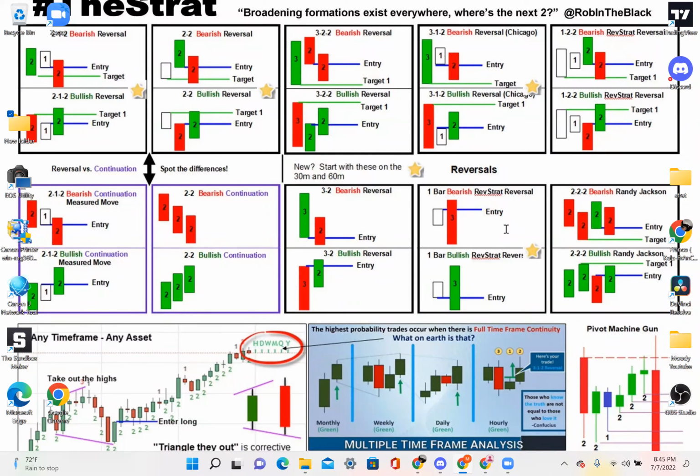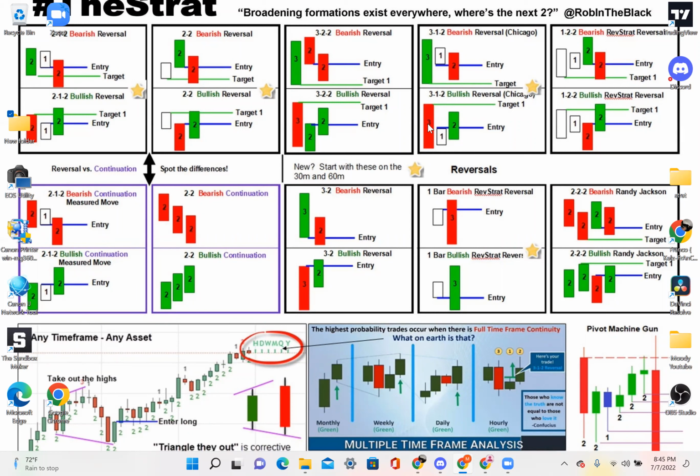The question is, is your entry always on the inside bar? No. On the 3-bar setups, the majority are going to be like a 3-1-2. Well, not all of them.